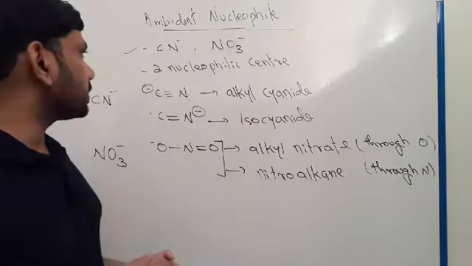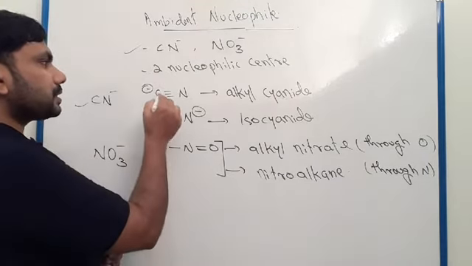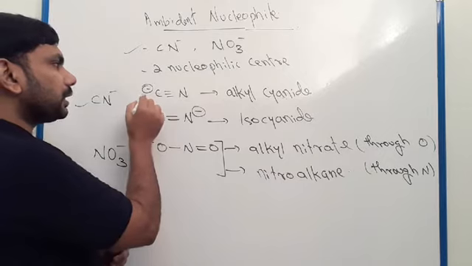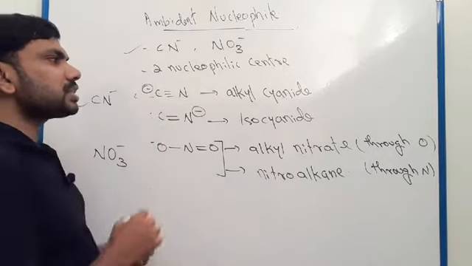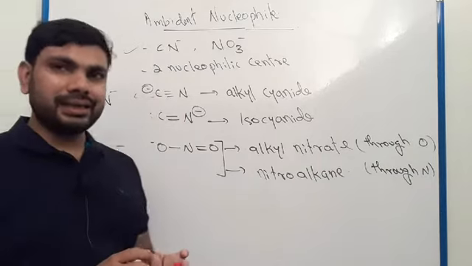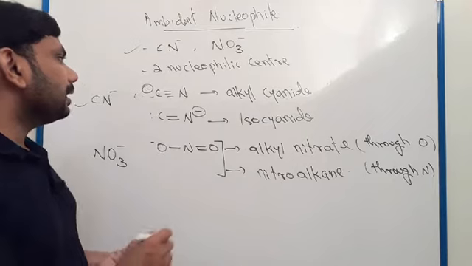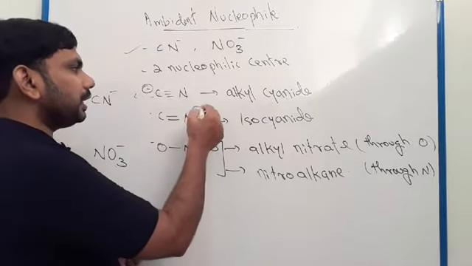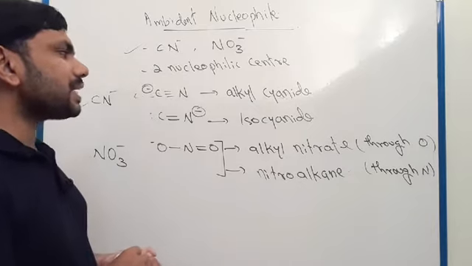Let us check here. In CN minus, carbon bonds with another carbon atom, and in such a case it is called alkyl cyanide. And here nitrogen is the nucleophilic center making the bond, then we say isocyanide.